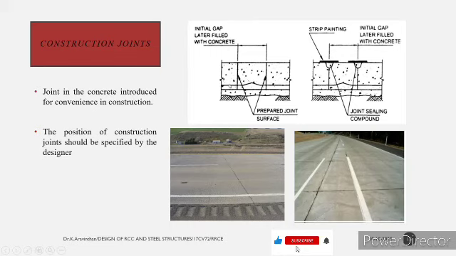This might be a base slab, and this might be a continuous slab, and to connect these two members, there will be an initial gap during construction. After that, it will be filled by concrete. Filling that gap, you can have a strip painting above the joint area.